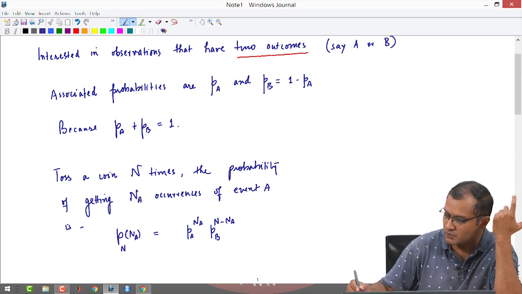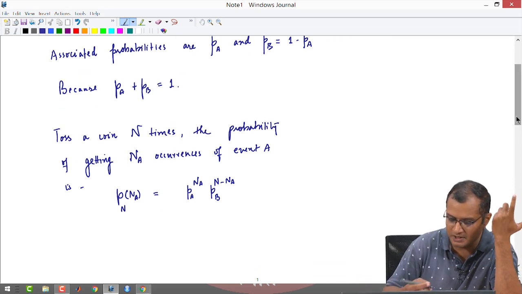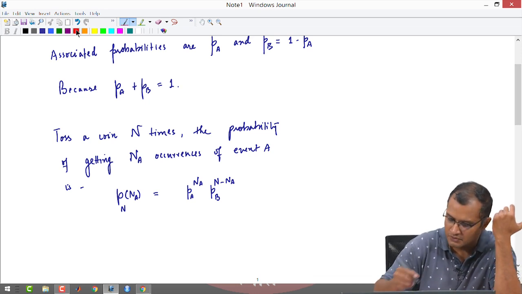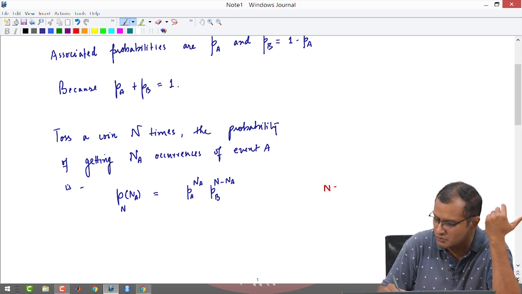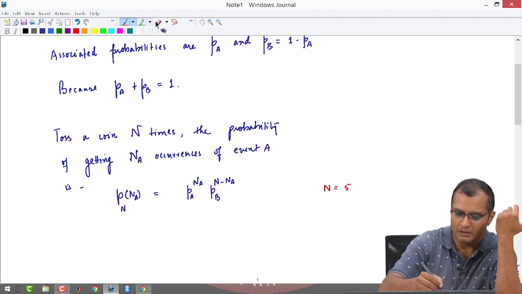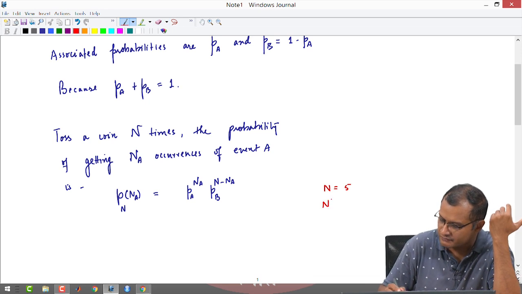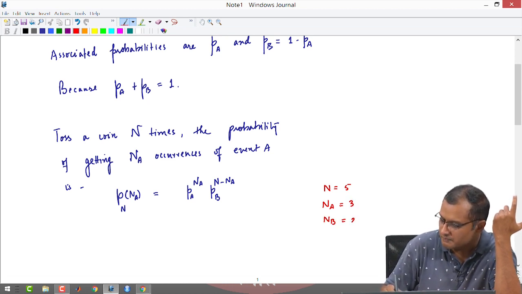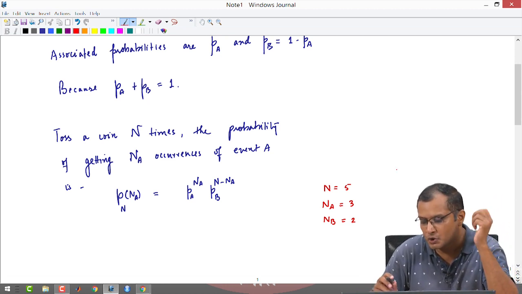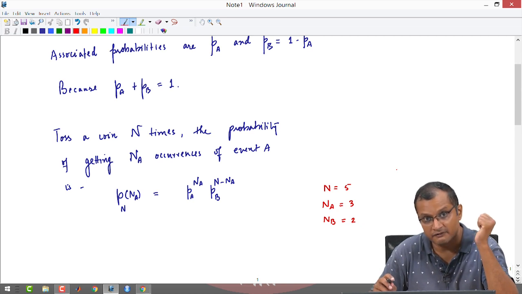But as you can see, for example, I am going to pick a very simple example. Let us take n to be 5, okay, and you say that I have tossed the coin 5 times and I got the heads 3 times and I got the tails 2 times. Okay. So, what is the probability of getting 3 heads and 2 tails if I toss it 5 times?